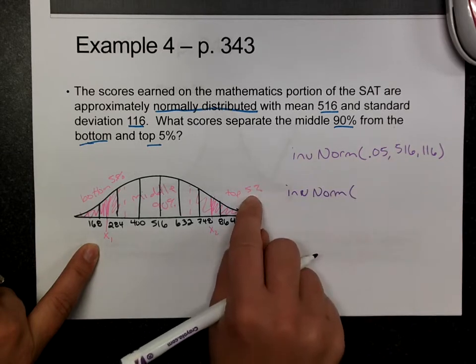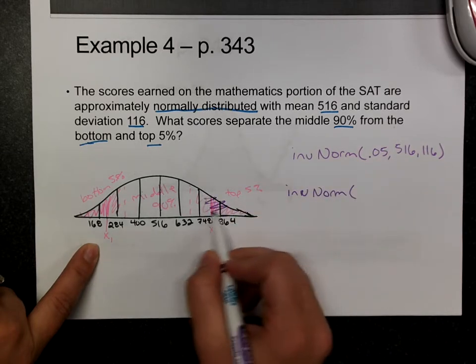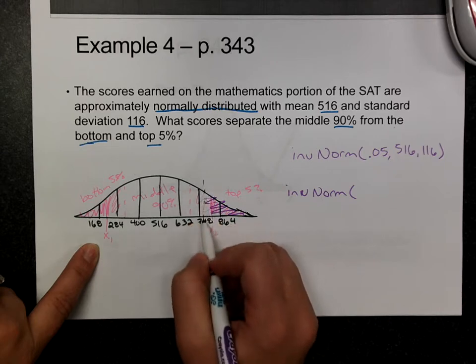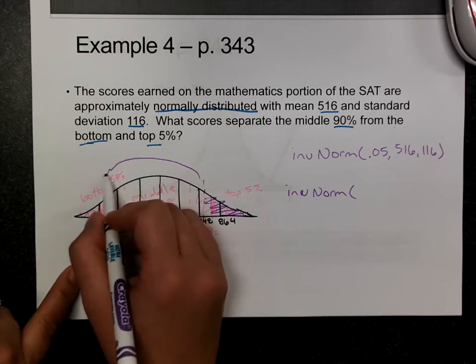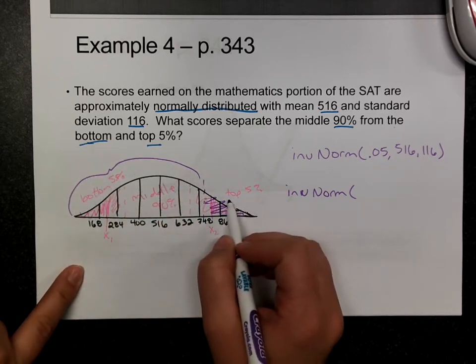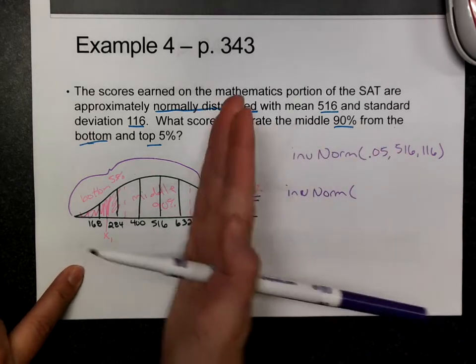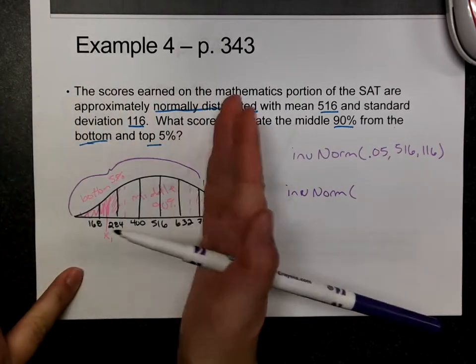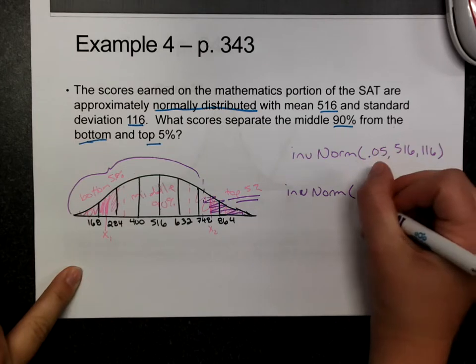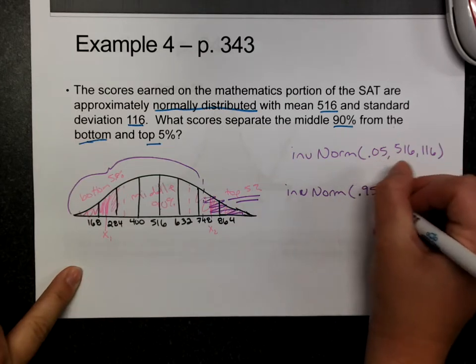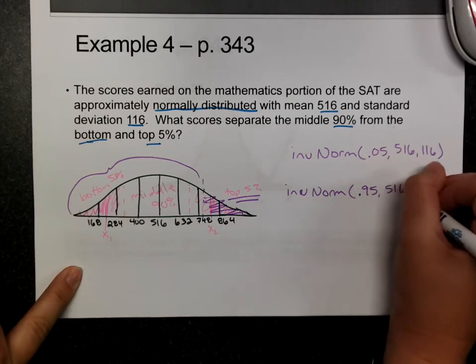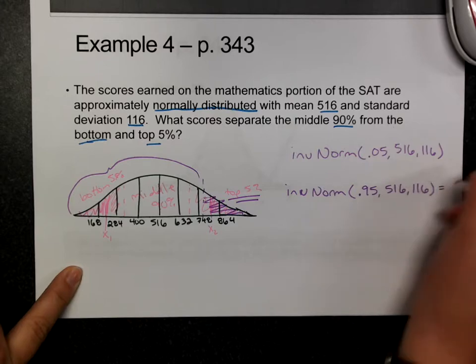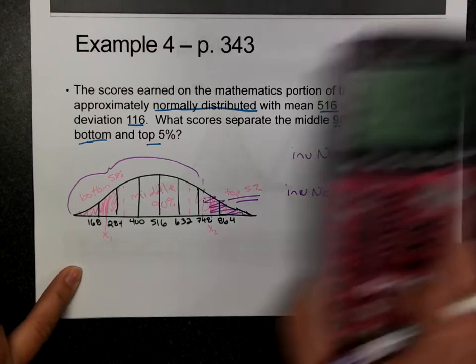For the top 5%, though, the top 5% is to the right, and remember we need to default to the left. So the opposite of the top 5% is the bottom 95%, the middle and that bottom tail. So we're going to put in 0.95 and then 516 and 116. And it will give us our two target values.